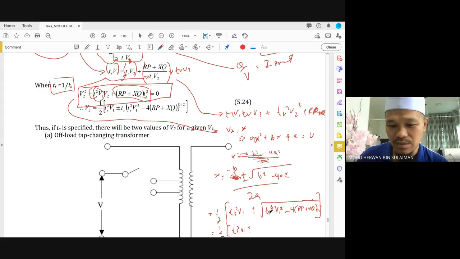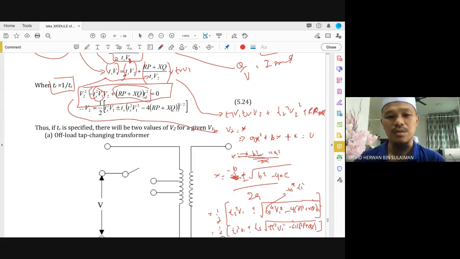So you can get TS square, you can factorize TS square and square root becomes TS, and then this one is TS square V1 square minus 4 RP plus XQ. Okay, so that's why you get this answer like this.